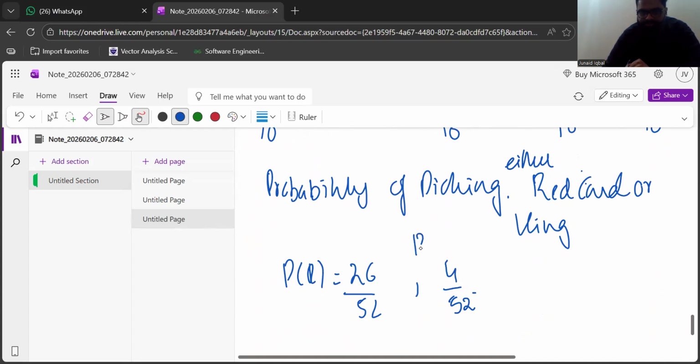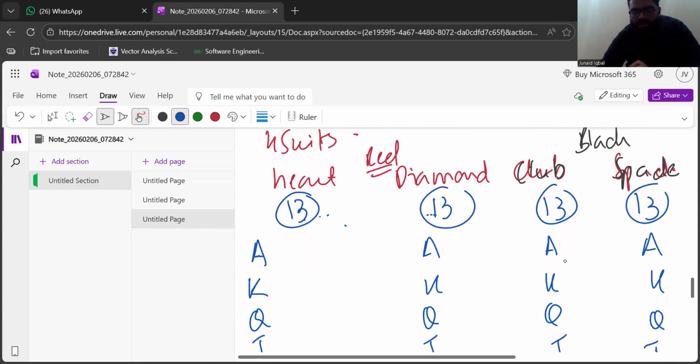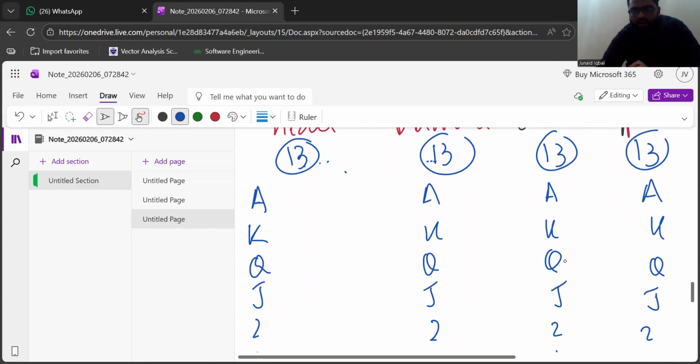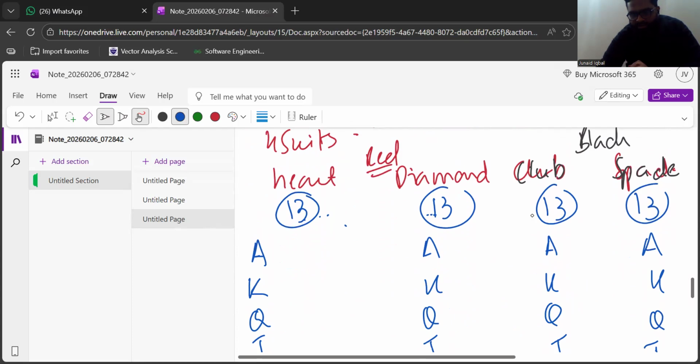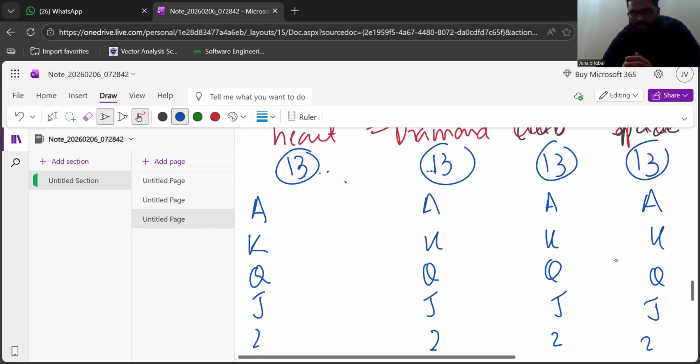Getting this? Overall, the probability of a king is 4 upon 52. If I'm selecting the king, I can have the club and spade kings also.